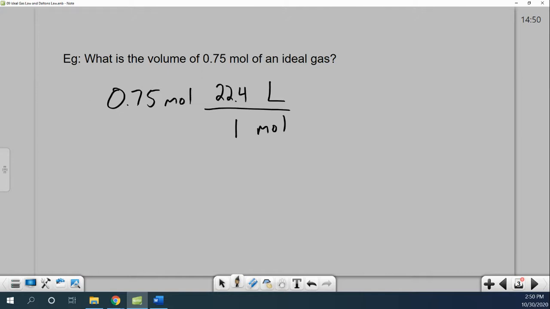So if you do some unit analysis on this, you'd see that mole and mole will cancel out, and you'd be left with liters. And mathematically, you're just doing 0.75 times 22.4. You don't have to divide by the 1 on the bottom because it doesn't change the answer. So if I have 0.75 moles of an ideal gas, it's going to take up 16.8 liters of space.